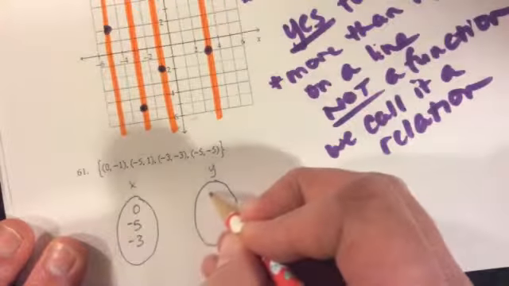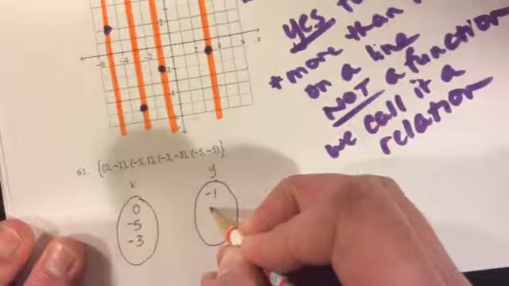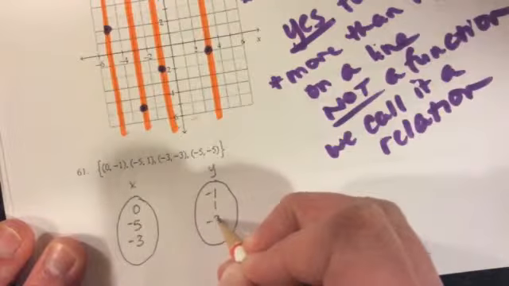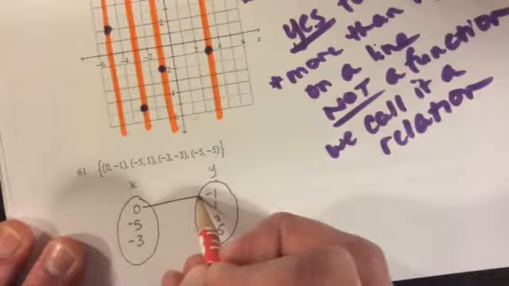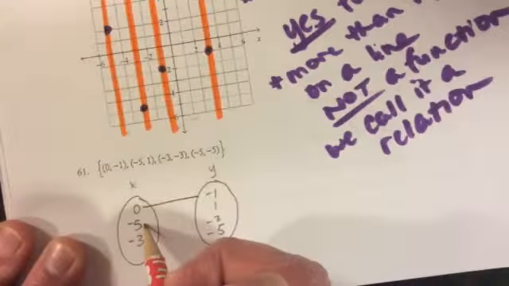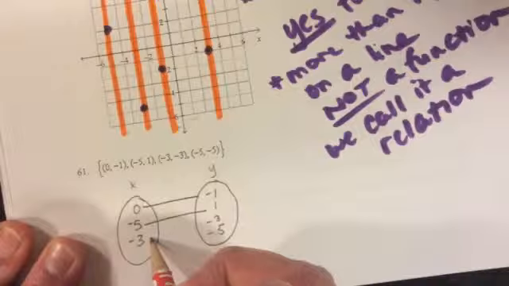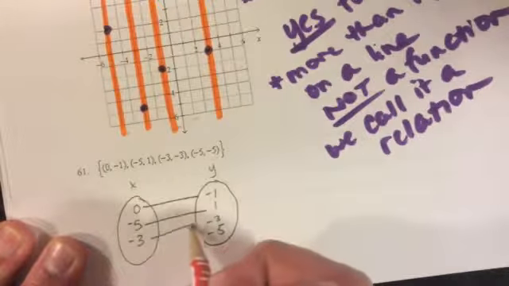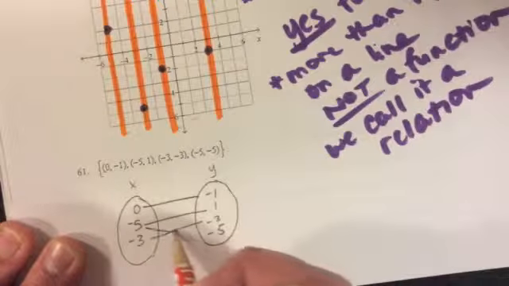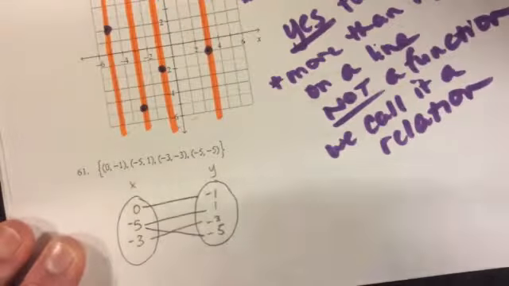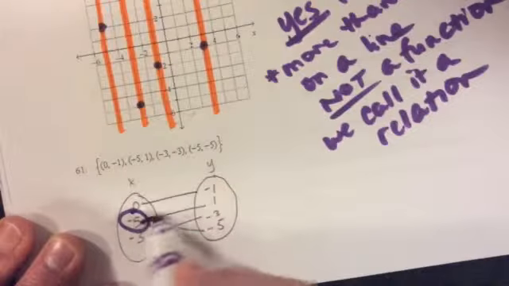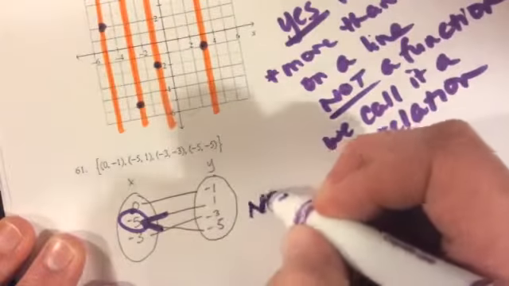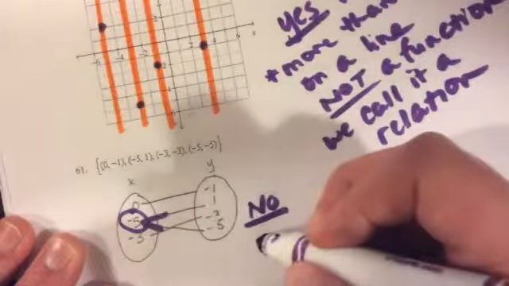Over here I have -1, 1, -3, and -5. So 0 matches with -1, -5 matches with 1, -3 goes with -3, and if you check this out, -5 also goes with -5. My problem lies right here because I have 2 arrows coming out of it, so this is not a function, but we call it a relation.